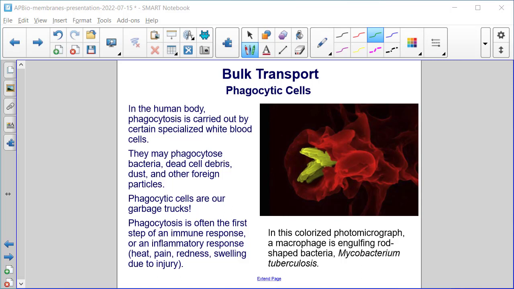Phagocytosis is often the first step of an immune response or an inflammatory response. Heat, pain, redness, swelling due to injury. In this colorized photomicrograph, a macrophage is engulfing rod-shaped bacteria that you see here.